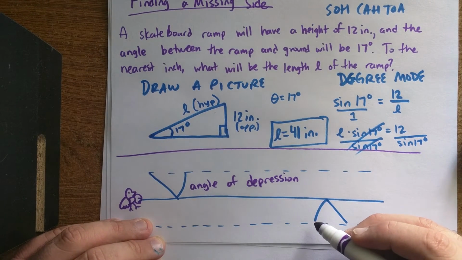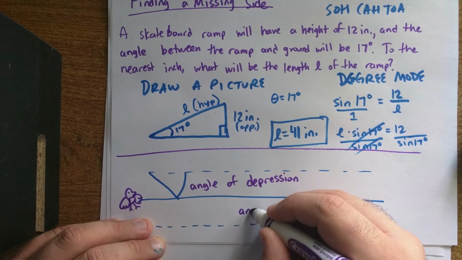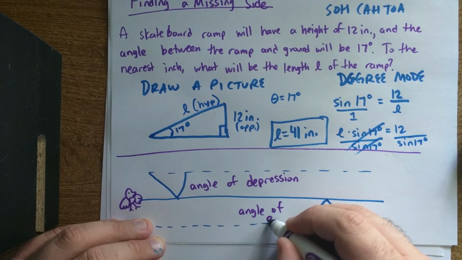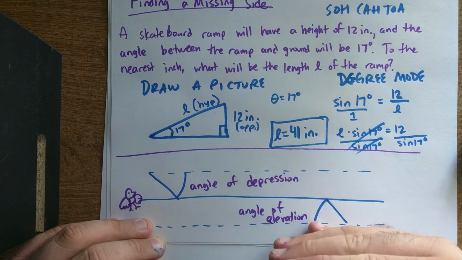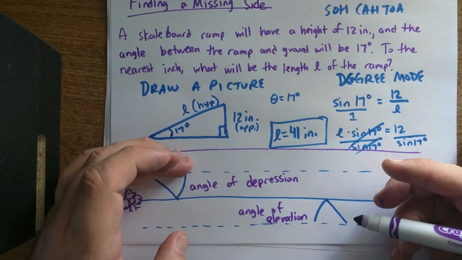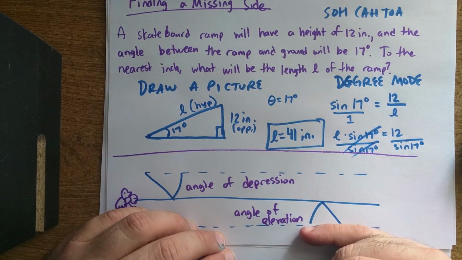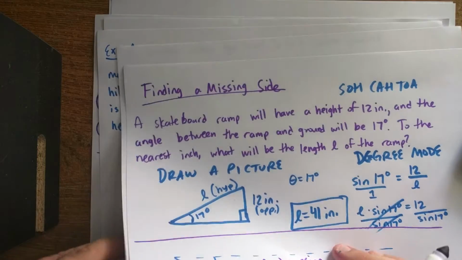If you're going up toward the same line, this is called your angle of elevation. That one probably makes more sense because you know what elevate means. It means the angle is going up. This one, the angle is going down from the top. This is going up from the bottom. And we're going to see another word problem where that applies.